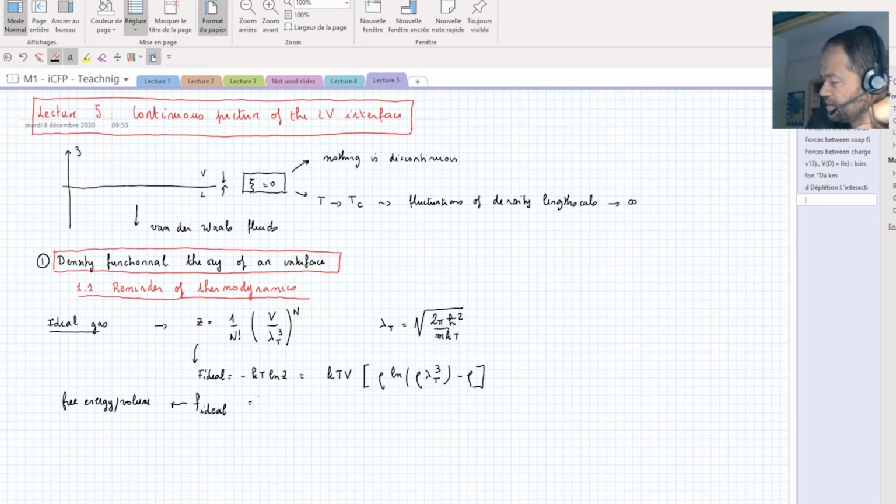And you divide this by the volume, and you have simply kT rho log rho lambda_T squared minus rho.